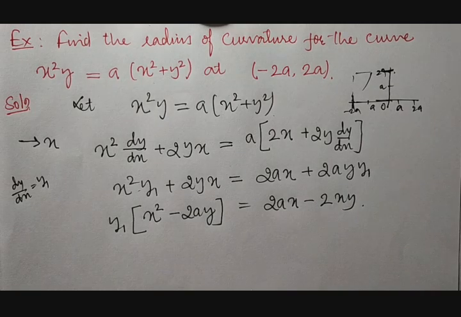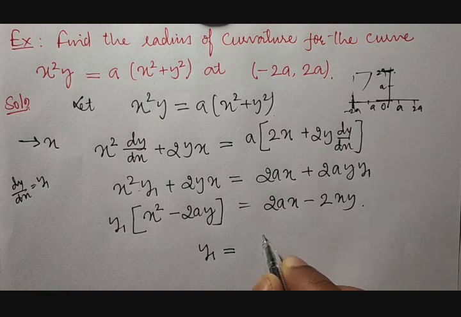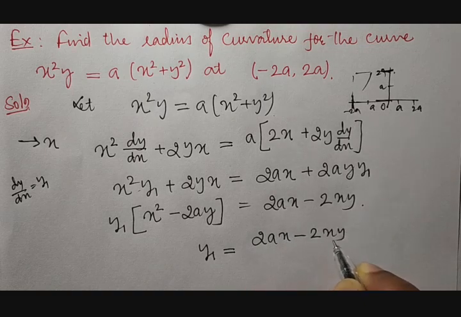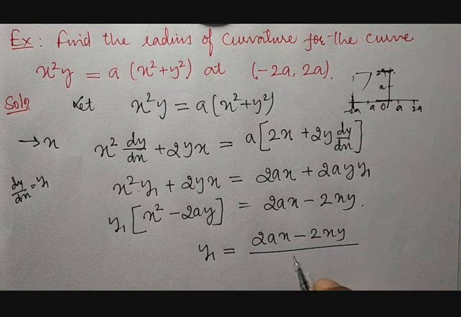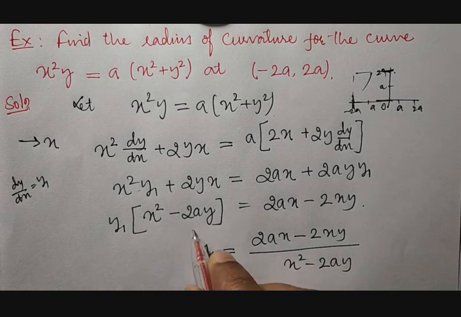Therefore, y1 is equal to 2ax minus 2xy divided by x square minus 2ay. This is the value of y1.